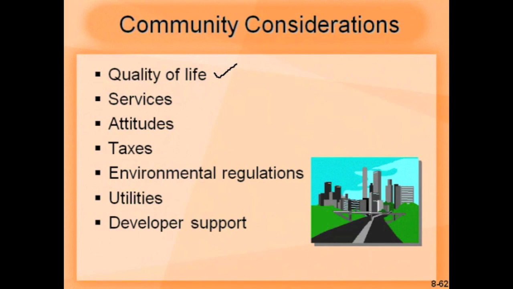Then you have services, which is again important. It could be services related to police, maybe a post office, things like that. And attitude, taxes, so governments which can provide tax benefits could be a good attraction.